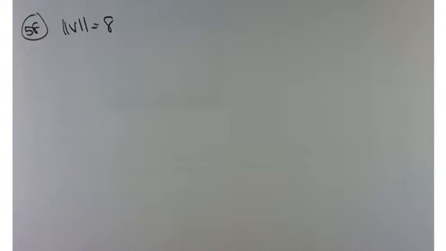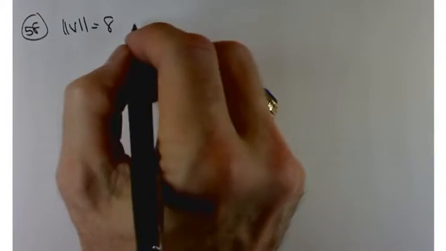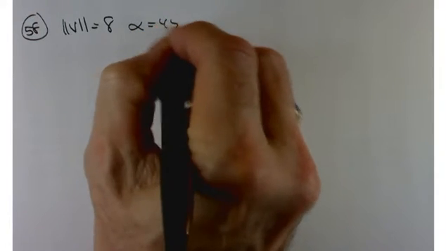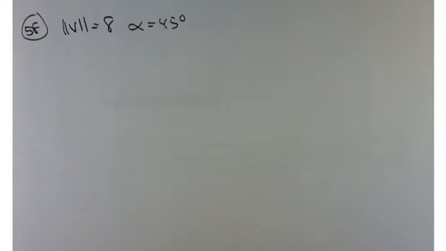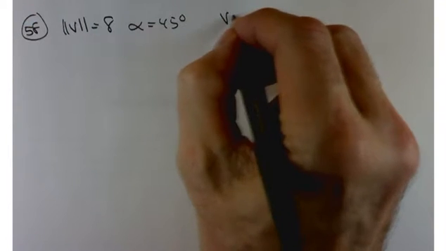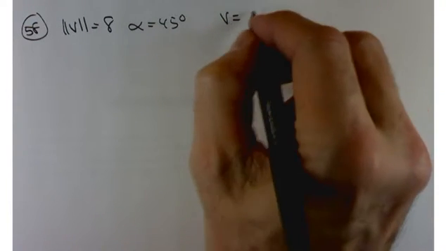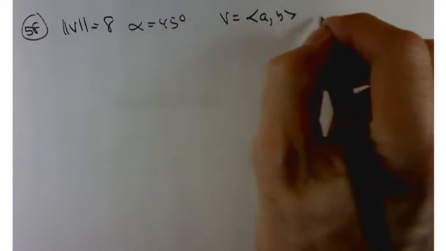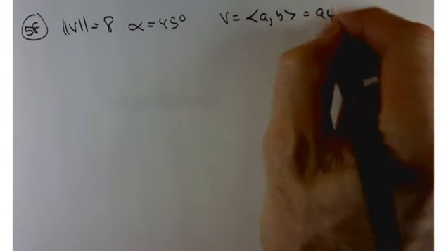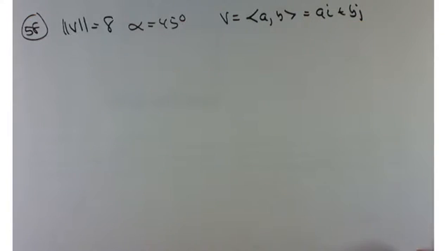The length of the vector is 8. And it makes an angle with the positive x-axis of 45 degrees. Alpha equals 45 degrees. Our goal is to write it in this notation, a comma b, or like this, where i and j are your unit vectors.